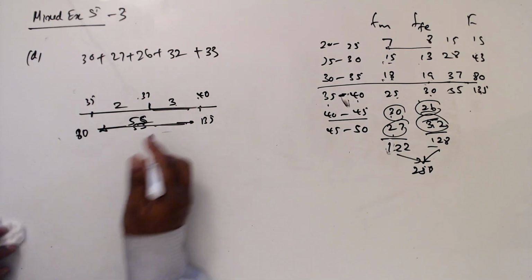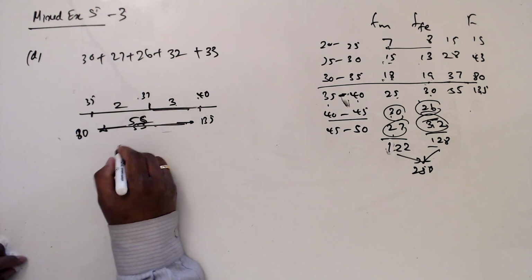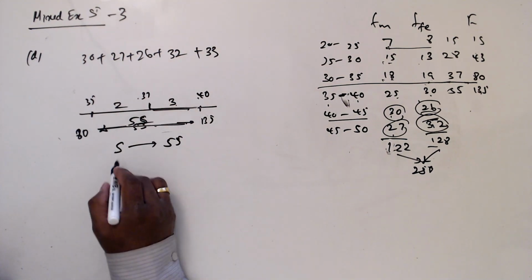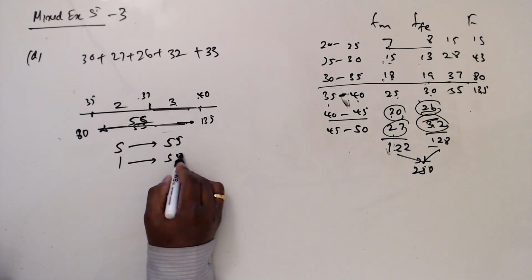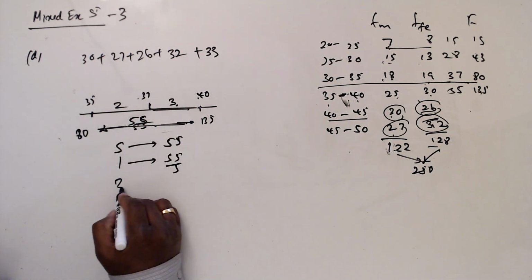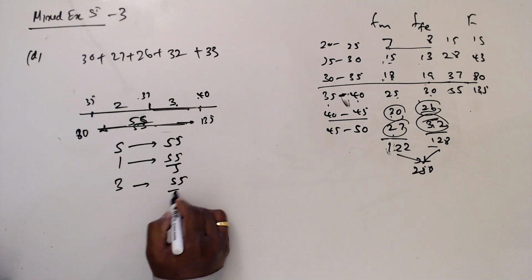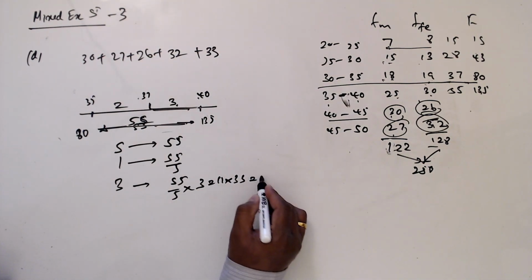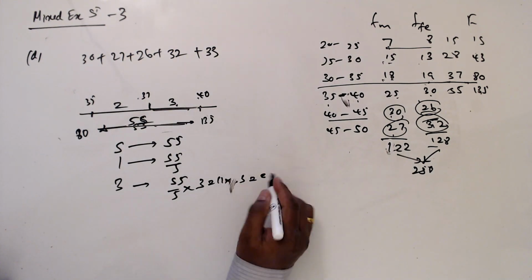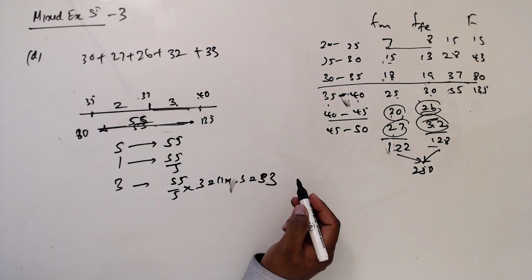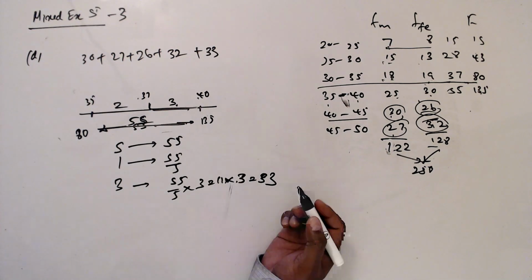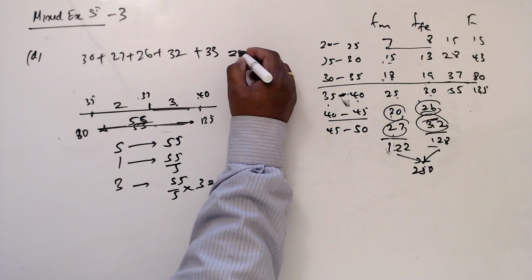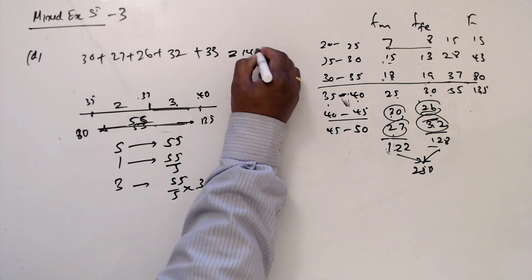In other way, I will explain. 5 represent by 55. Then 1 represent by 55 over 5. You want 3. 3 represent 55 over 5 times 3. 11 times 3, 33. Now this total is going to be 148.